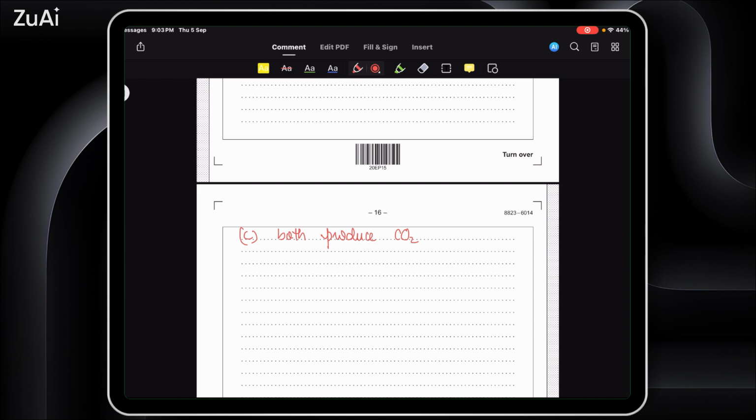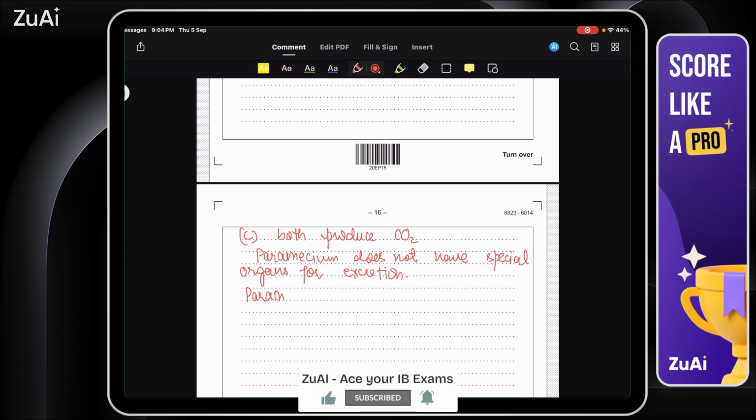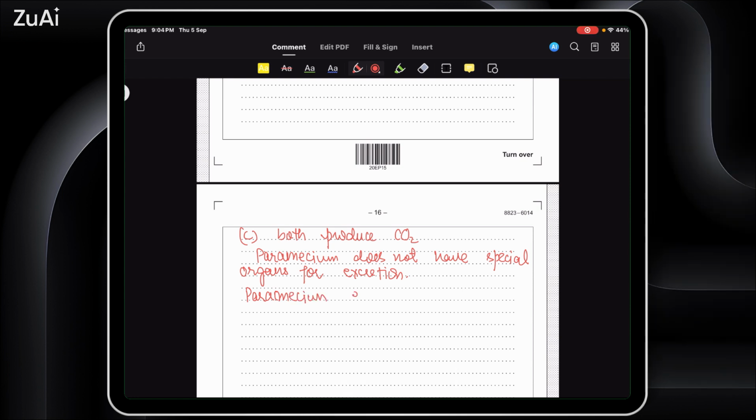The difference is paramecium does not have specialized organs for excretion, and paramecium excretes through the plasma membrane by passive diffusion.